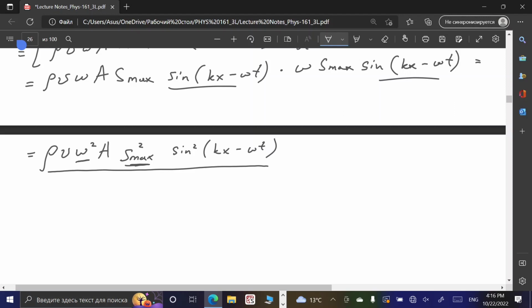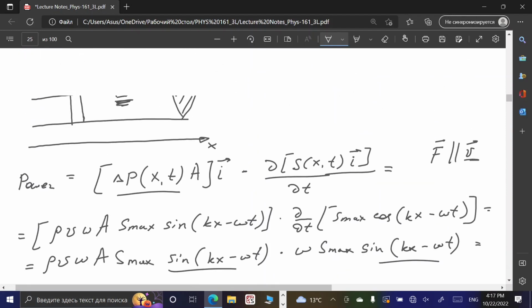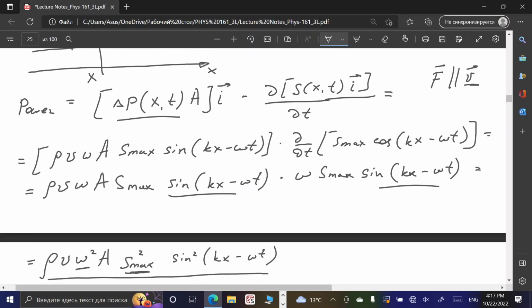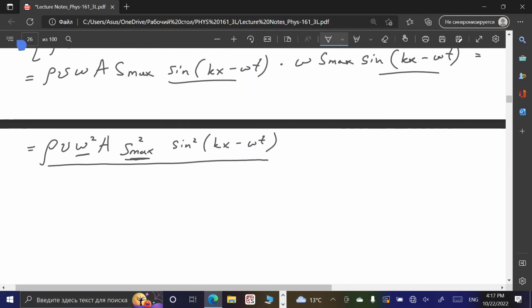And that average we will determine at some given position. So we can pick any cross section in this cylinder at some fixed x, and determine what will be the average power transported, meaning energy per unit time transported through this cross section.